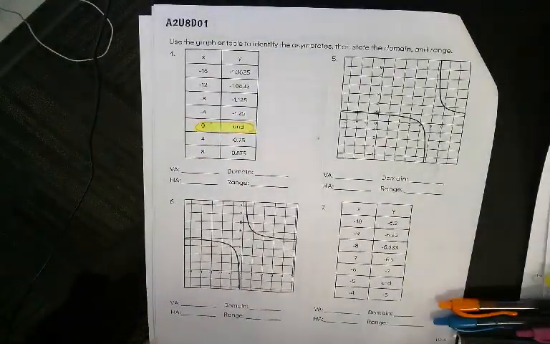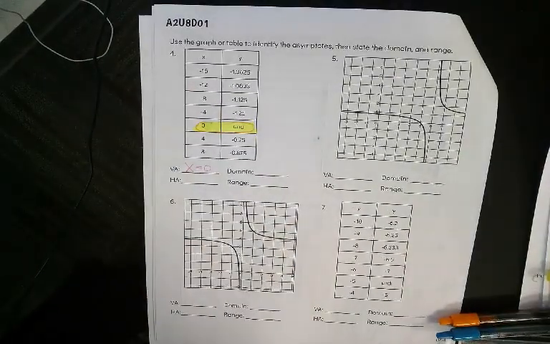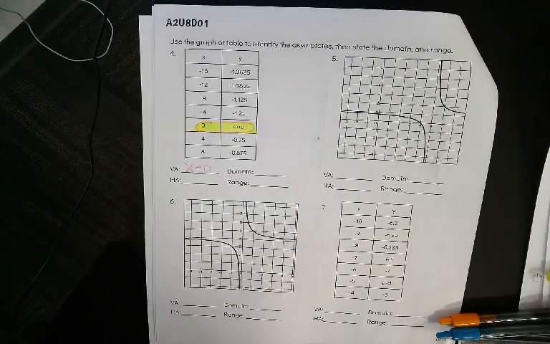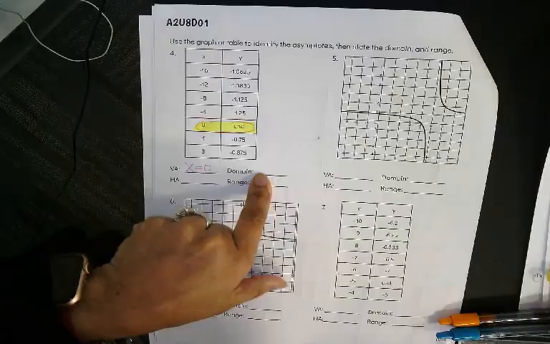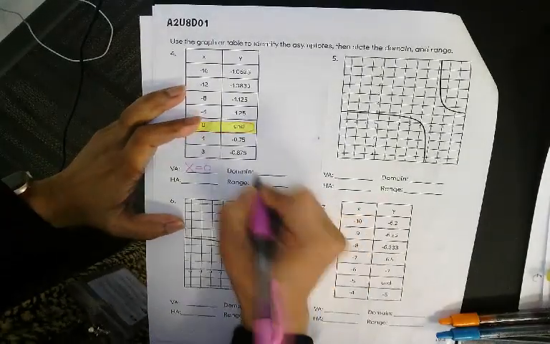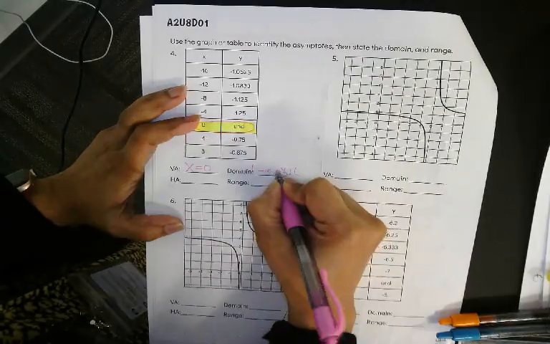So we can write it down already. My vertical asymptote is going to be x equal to 0. The vertical asymptote and the domain are going to be the same. What will be the domain now? Negative infinity up to 0 and then 0 to infinity.